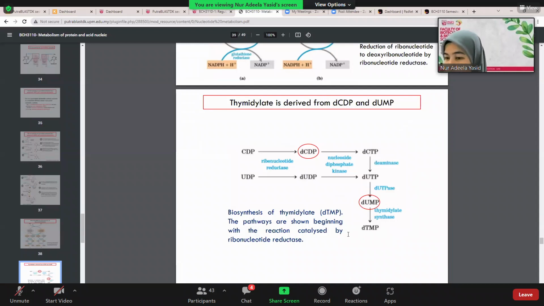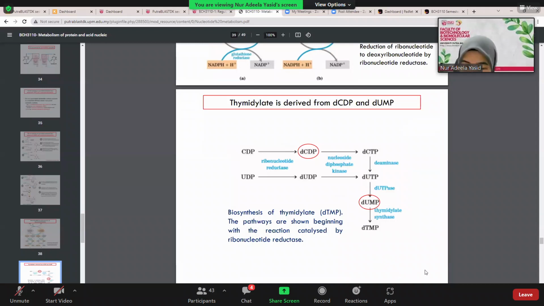Betul kan? Alright, so now once you have this DUMP, ditukar kepada DTMP before it undergoes another phosphorylation to form DTTP. Kenapa dia kena buang, you have this very wasteful reaction. You remove that phosphate, then you undergo another phosphorylation reaction. Why is it like that? Kenapa macam tu?